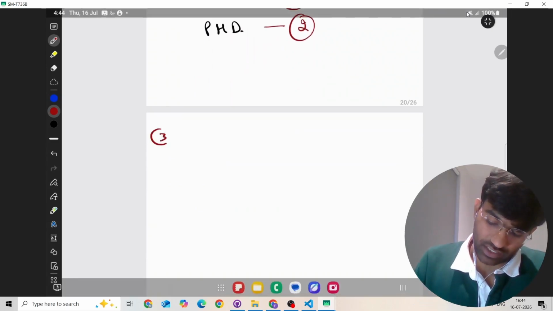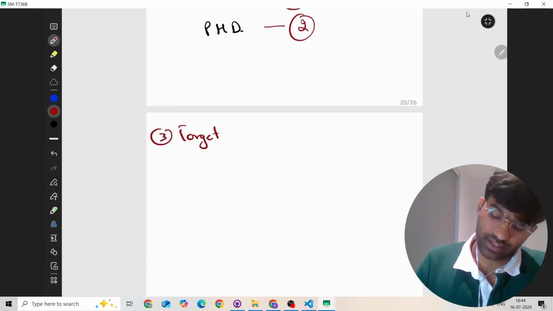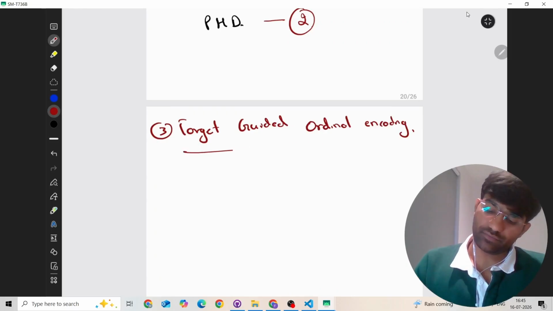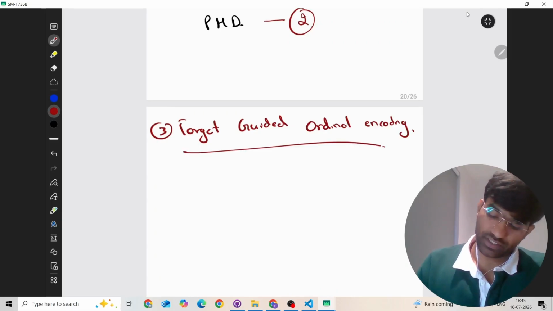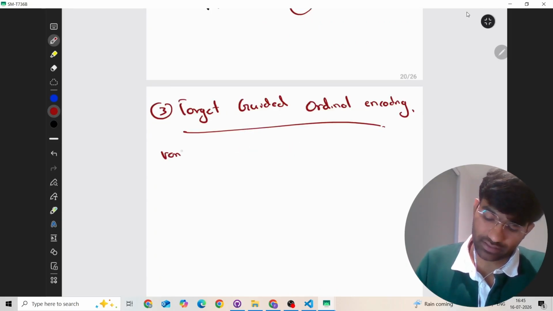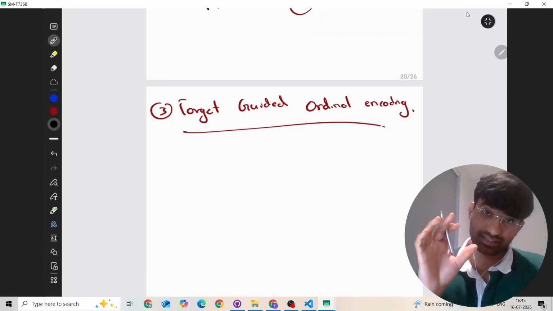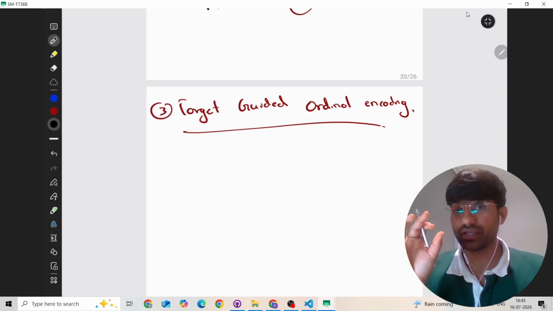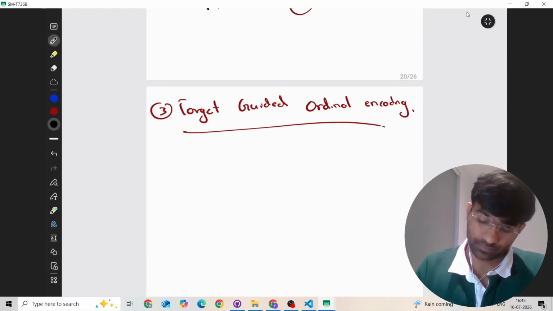So the last one is target guided ordinal encoding. See, what this does is, it will rank the categorical values based on the mean or median of the target value.